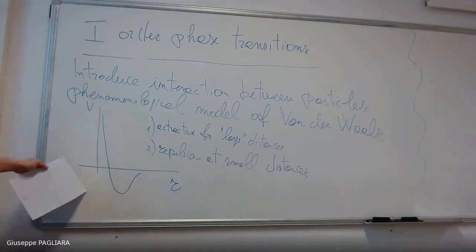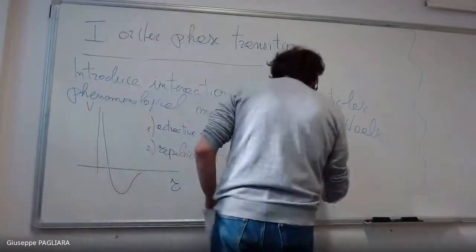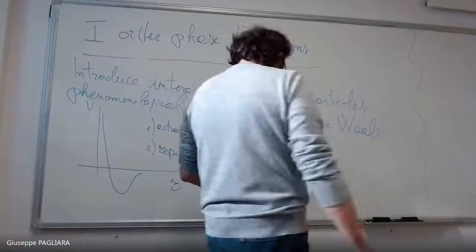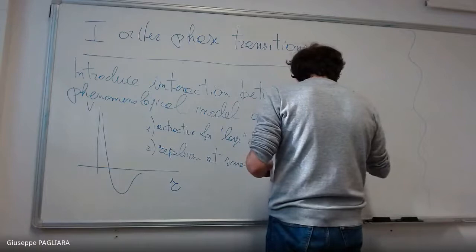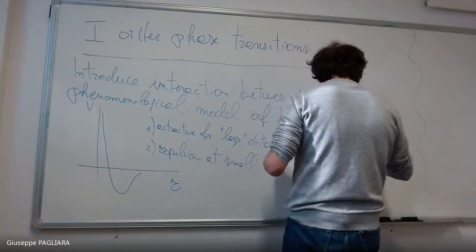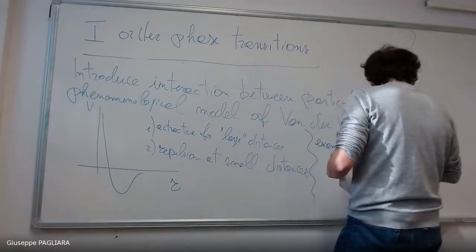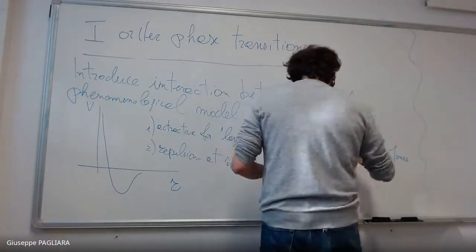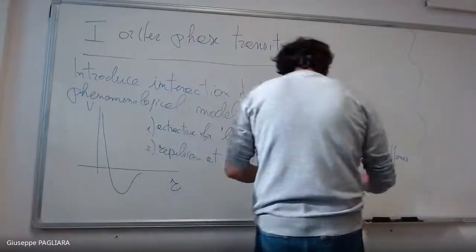One possibility to describe such a potential is, for instance, the Lennard-Jones potential, which is used in the context of chemistry or solid-state physics. An example, the Lennard-Jones potential, which has a repulsion and an attraction done in the following way.